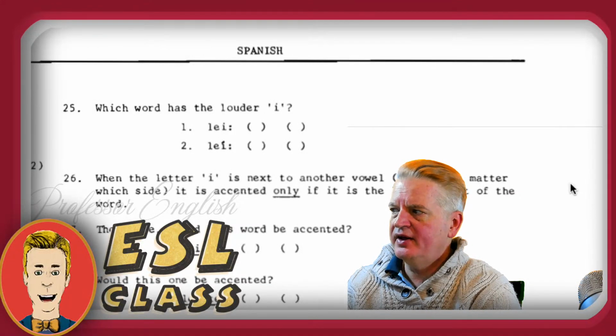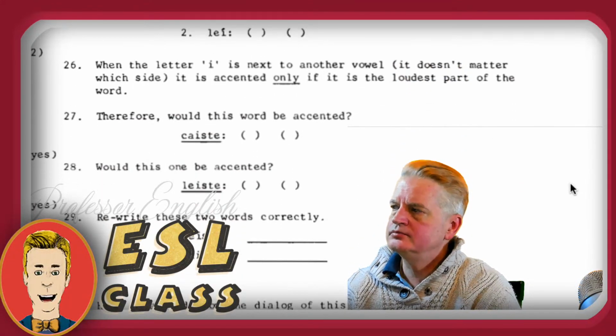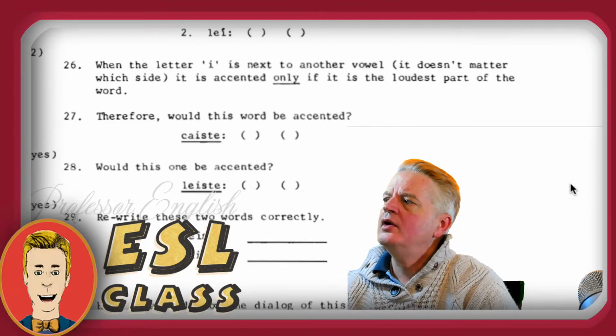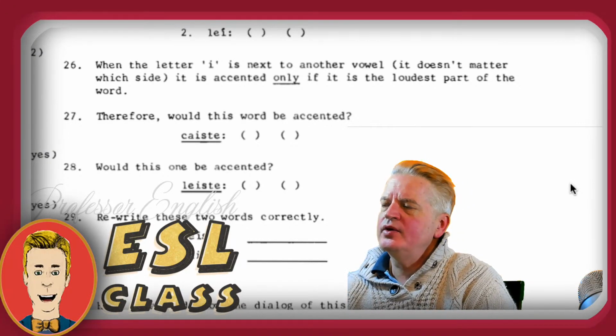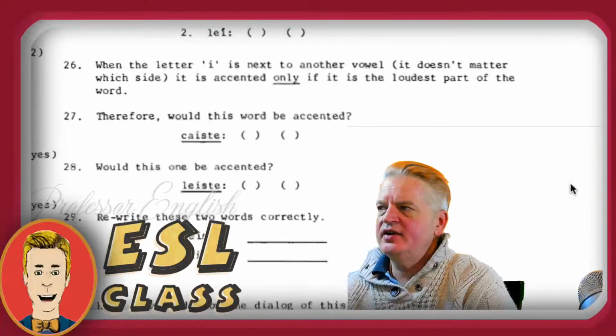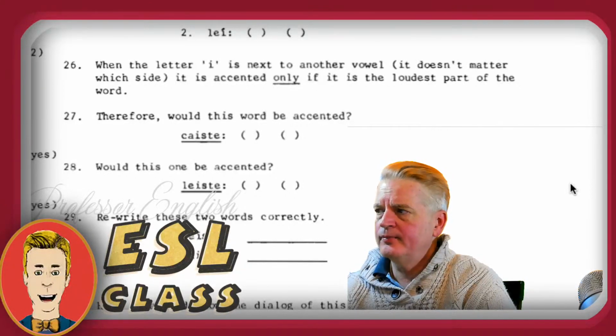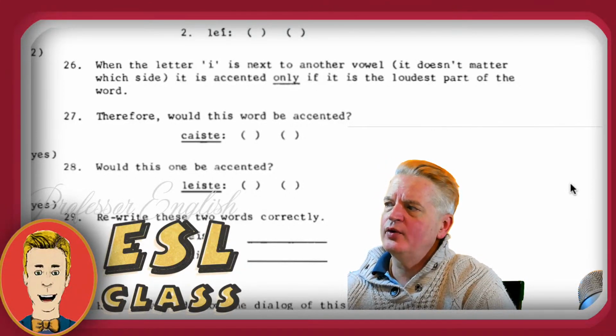Number 27. When the letter I is next to another vowel, it doesn't matter which side. It is accented only if it is the loudest part of the word. Therefore, would this word be accented? Caíste.